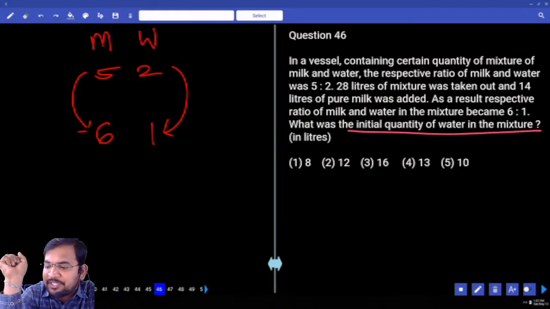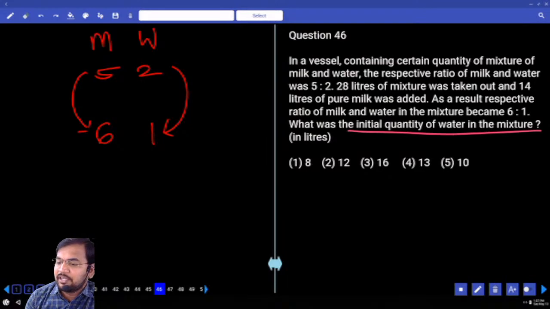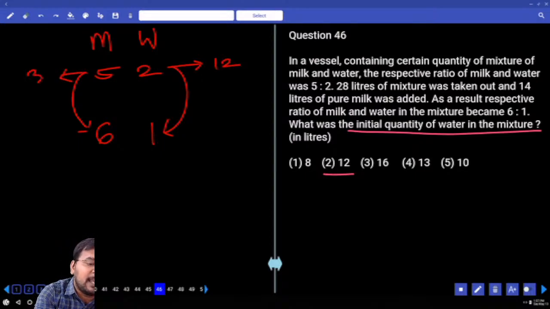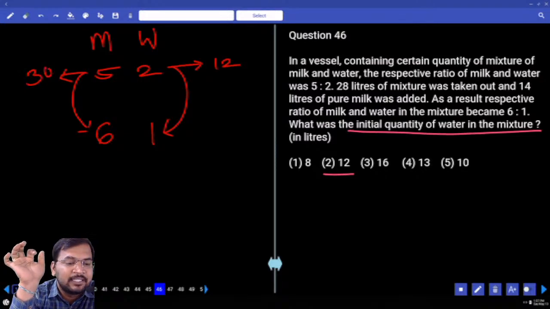Nearer to 14, which option is there? If I take 12, a plain number. If it is not satisfied, then I go for 13. Okay, na? So, if the initial quantity of water is 12, 2 parts is 12, na? Then 5 parts, 6 5s are 30, na? Total it is 42.